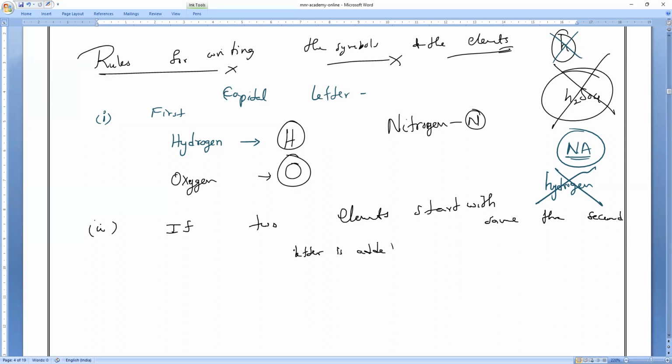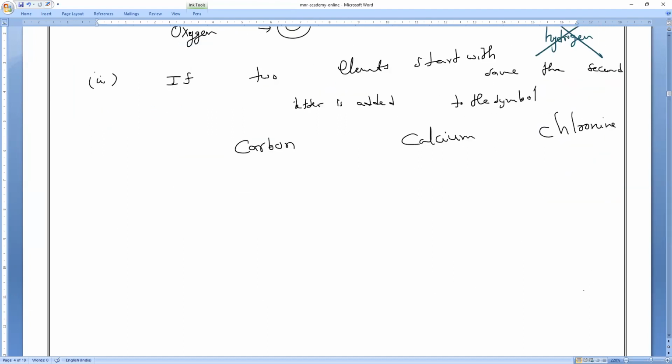For example, carbon, calcium, chlorine. These are the three elements I have. What is the first letter? Carbon, C. Calcium also C. Chlorine also C.